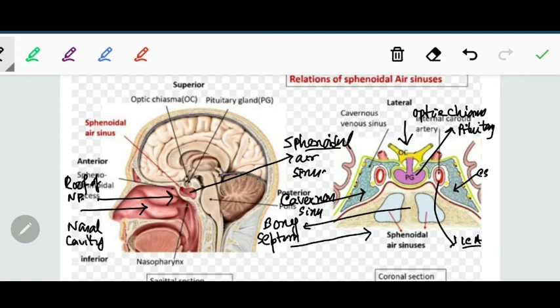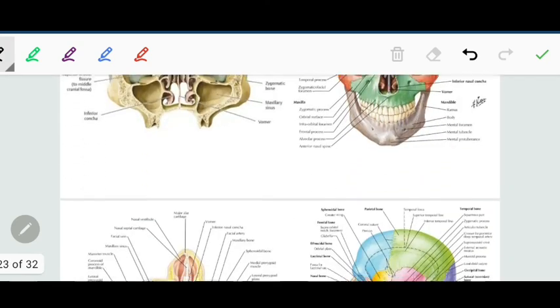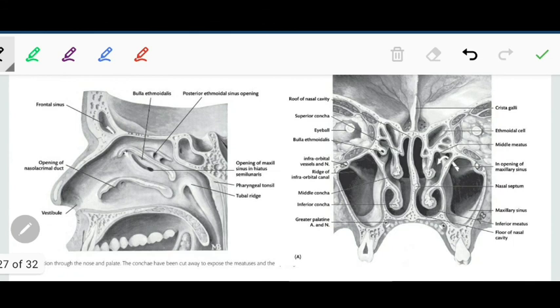Now in front of the sphenoidal sinus lies the sphenoethmoidal recess. Let me show you the enlarged diagram. In front of the sphenoidal sinus, this recess is the sphenoethmoidal recess, where the sphenoidal sinuses drain.